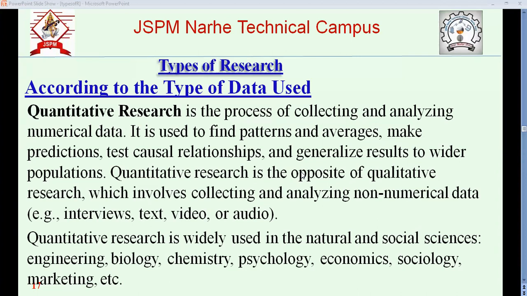As I mentioned, quantitative analysis is majorly used in engineering, sciences, economics, management, and even in psychology, sociology, and marketing, that is management.